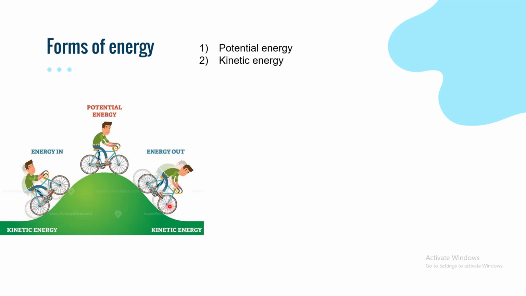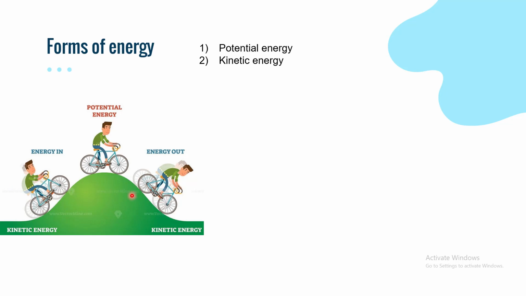Well, we have two positions of this bicycle with this boy, and each one of these positions explains a specific energy. When the boy is moving up or down the mountain, we can say that the body of the boy has a specific energy. This energy is kinetic energy, as he is in a moving state.